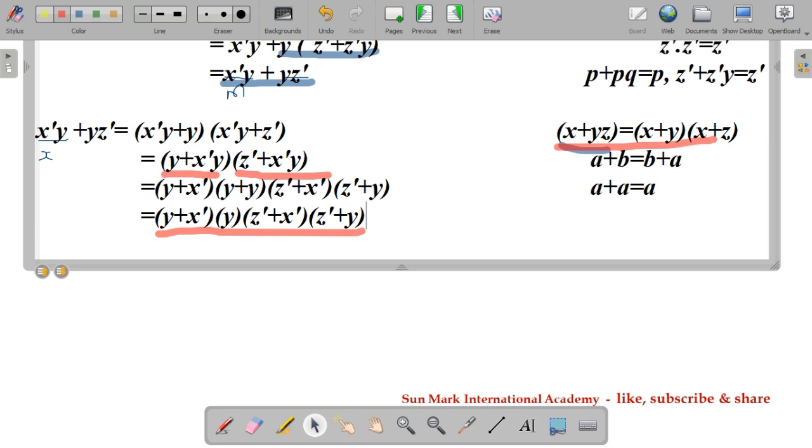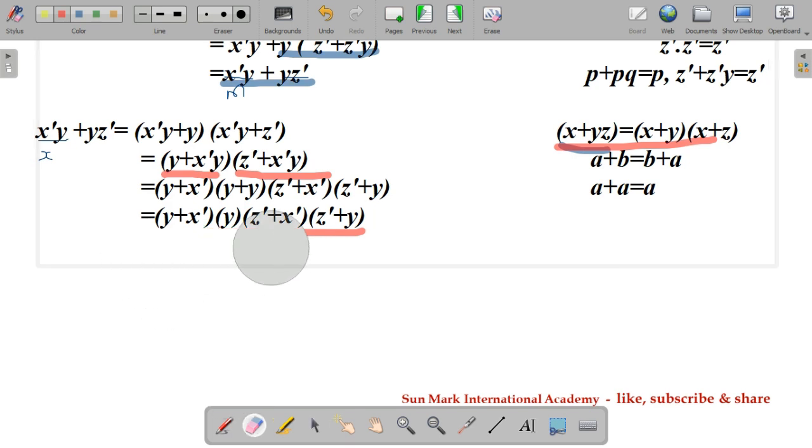To convert into canonical POS form, we need to add the missing variable. In each sum term, wherever variables are missing, we need to add the missing variable. So how can we identify which one is missing?